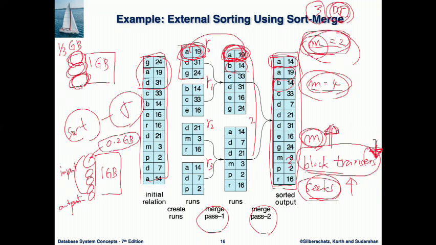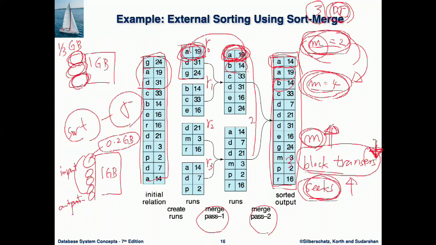And as you use a larger buffer, you are going to reduce the number of disk seeks. So when you move from M equals 2 to M equals 4, because you will have more buffers, the size of each buffer will decrease. Therefore, the number of disk seeks will increase. Okay, so that's the high level point.